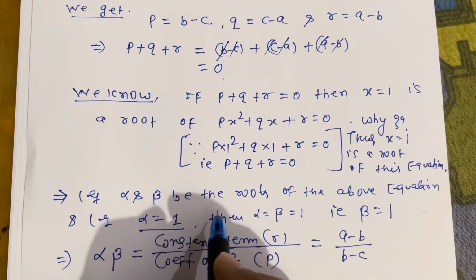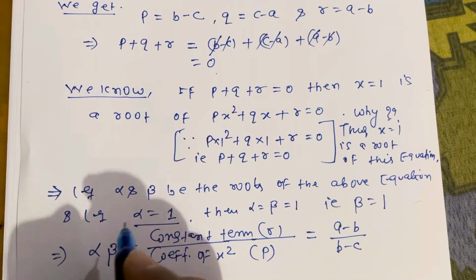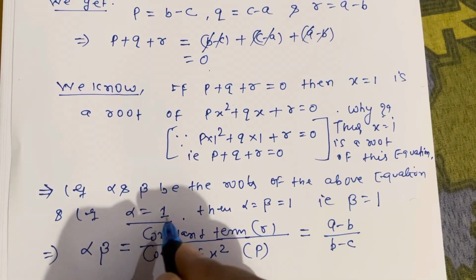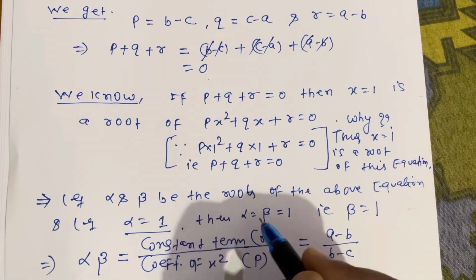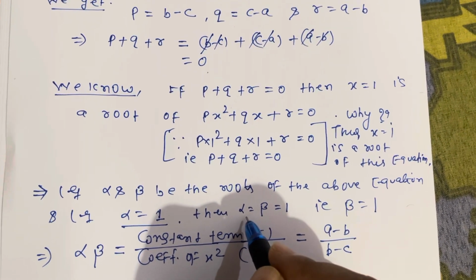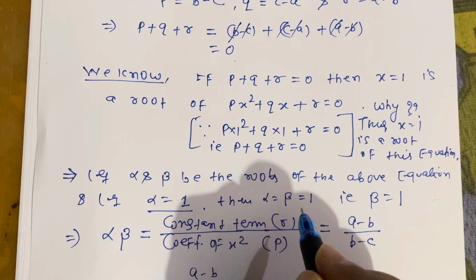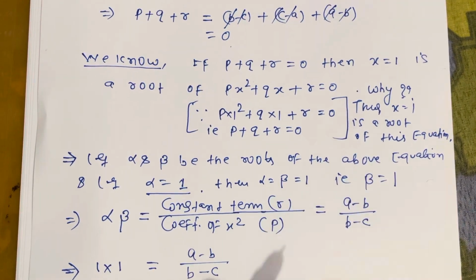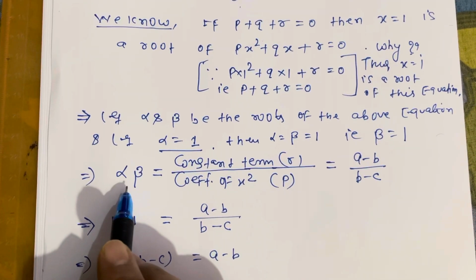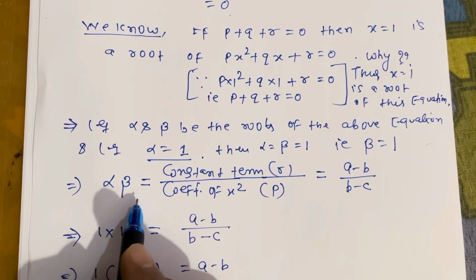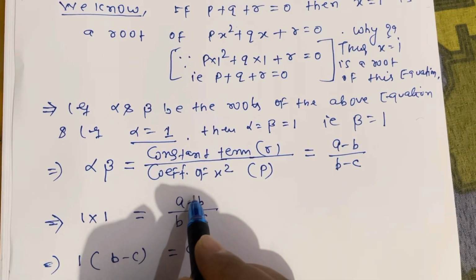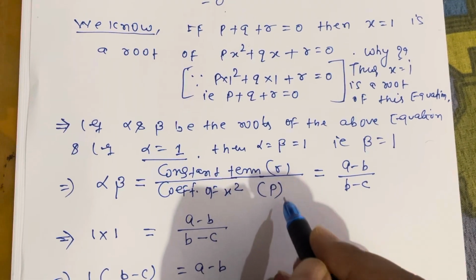Just assume alpha and beta are the two roots of the above equation. Let alpha be equal to 1. Then by default beta is also equal to 1, because it is given that the roots are equal. Alpha is equal to beta is equal to 1. What do we know? The product of roots is equal to the constant term by the coefficient of x square, that is r by p.